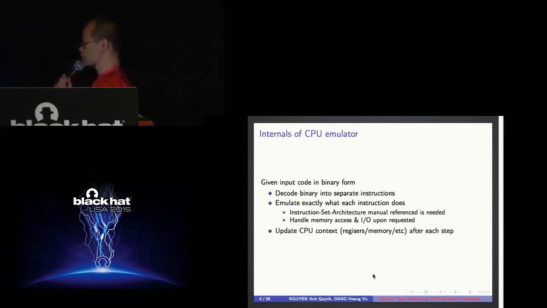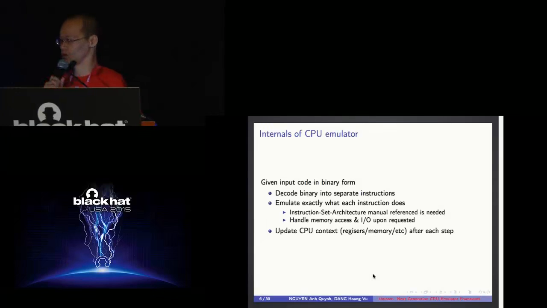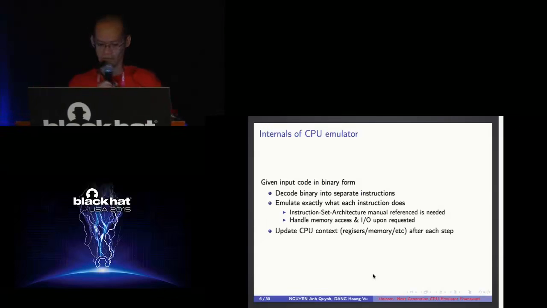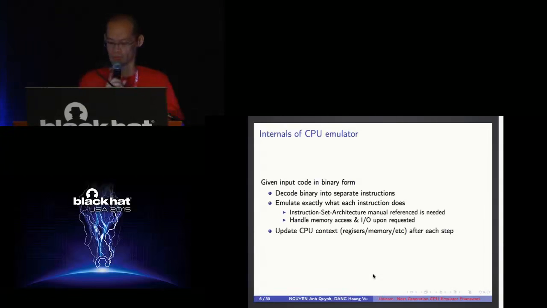Okay, so how does the CPU emulator work inside? Given the input code in binary form, the emulator will decode the binary into instructions for the architecture you choose. And after that, for each instruction, it emulates those instructions to do exactly what the instruction does on the physical CPU, the physical machine.